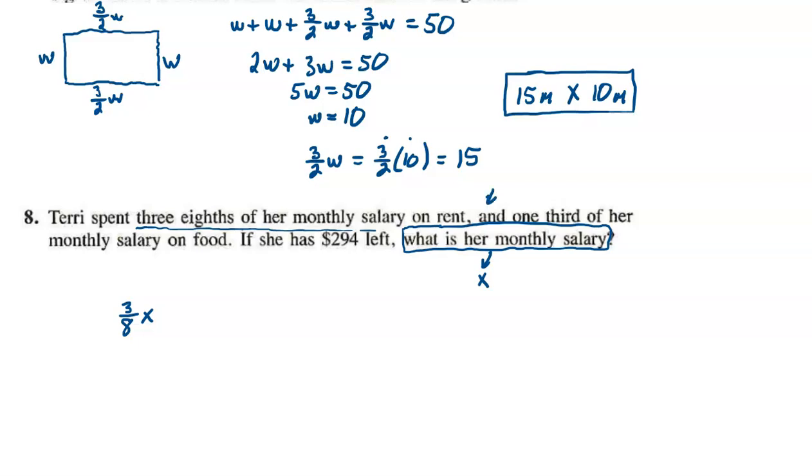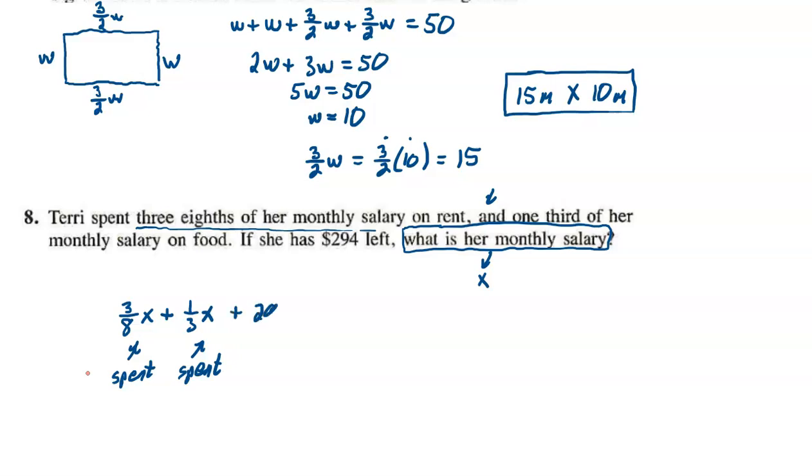The word and implies that she's also going to add on some more money that she spends. And it says 1/3 of her salary. So 1/3 x. Now, what does it mean that she has $294 left? She spent this. She spent this. And she has $294 remaining.